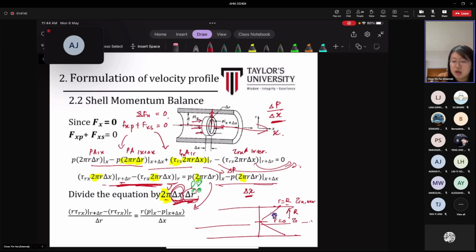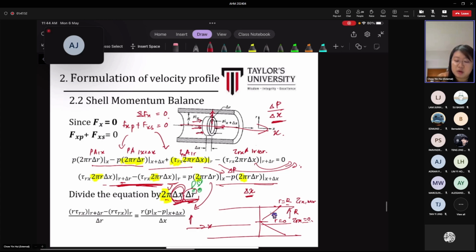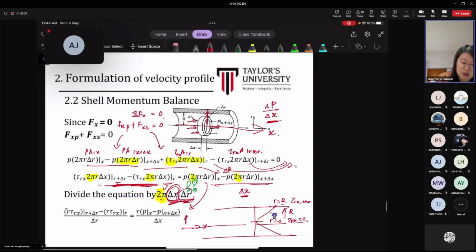And then the shear stress here, tau Rx, is equal to 0. Let's say this is the x direction. Which means your shear stress varies in the radial direction. I'll write here: shear stress varies in the radial direction.